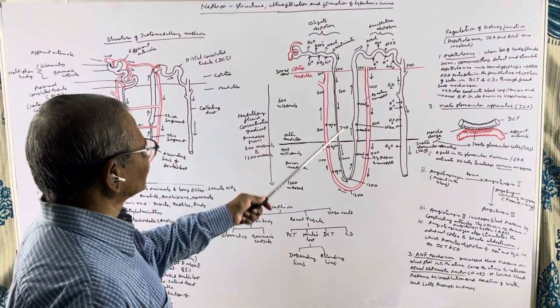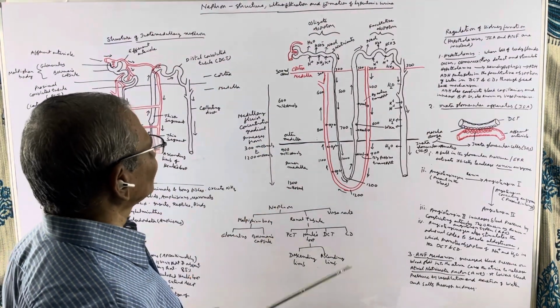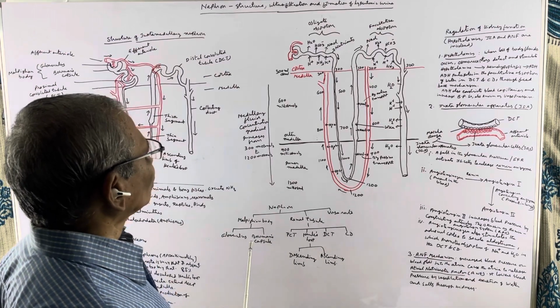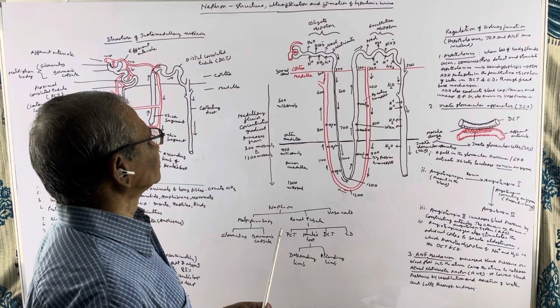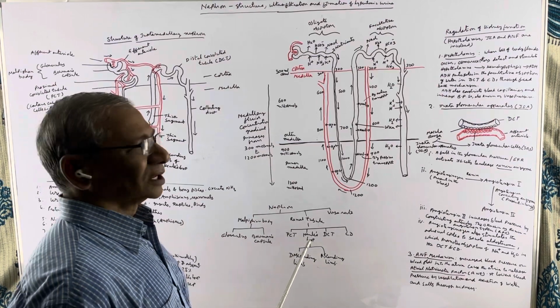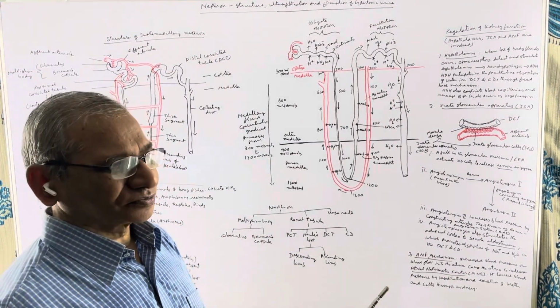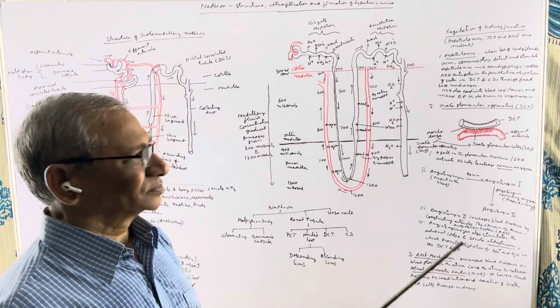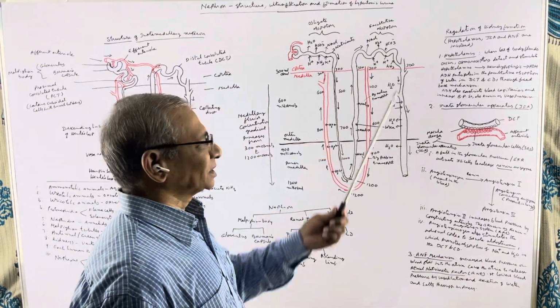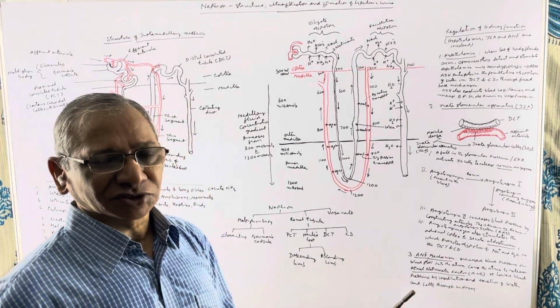Then, in the renal tubule, we find two types of absorption: obligate absorption and facultative absorption. Obligate absorption means compulsory absorption. Facultative absorption means need-based absorption.